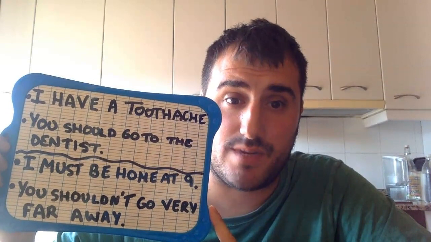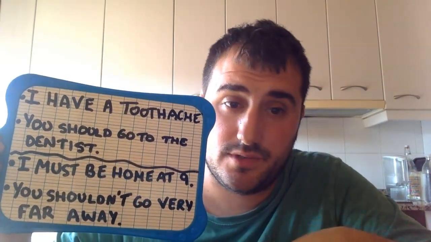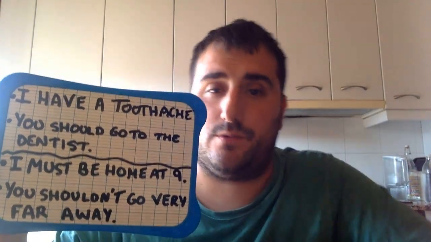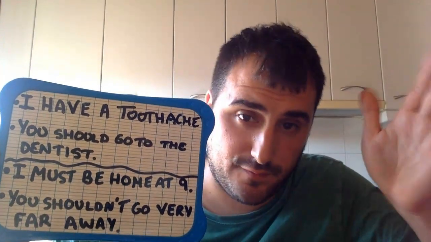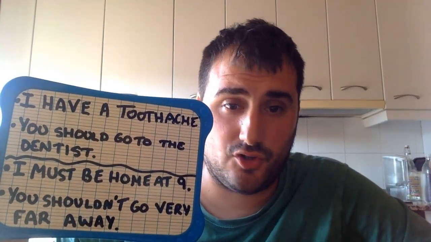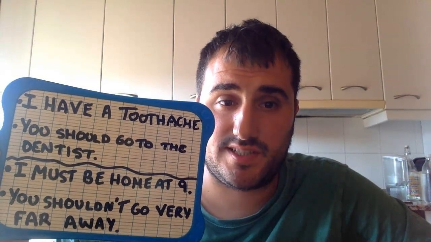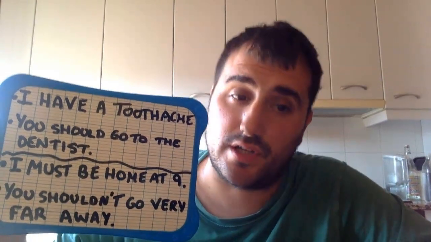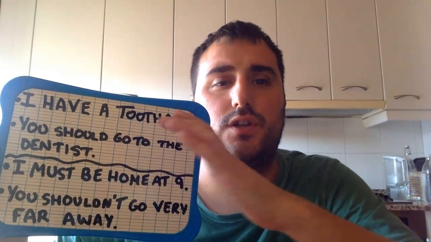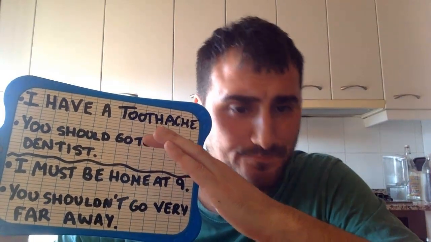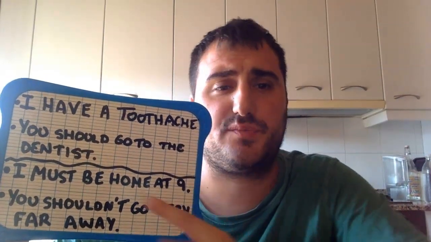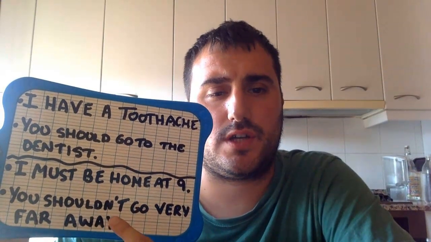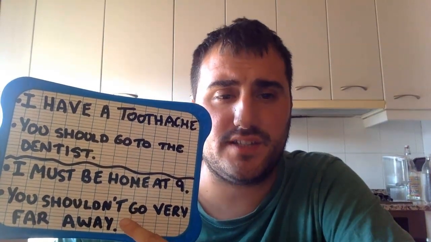If you must be at home at 9, if I were you, I think you shouldn't go very far away, because if you go far away, you wouldn't be at home at 9, and you will miss your time. So I must be home at 9. You shouldn't go very far away. Here we've got one piece of advice expressed with should, and another piece of advice expressed with shouldn't. These are opposites, should and shouldn't.